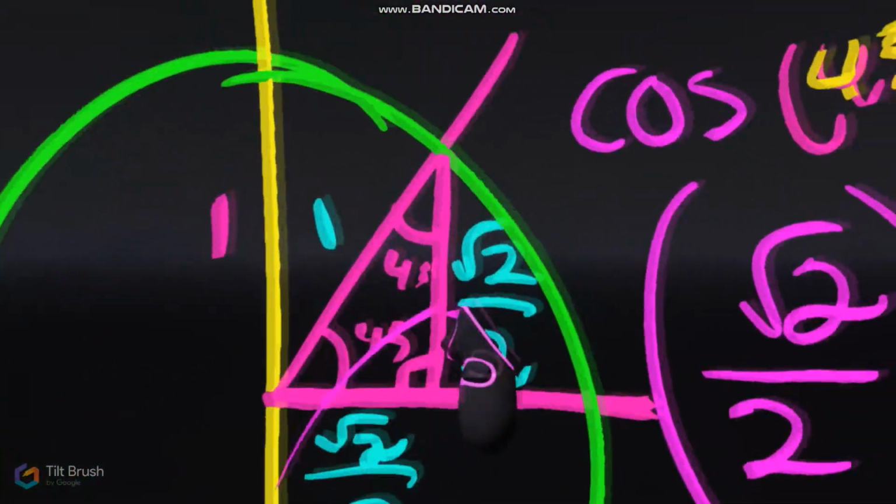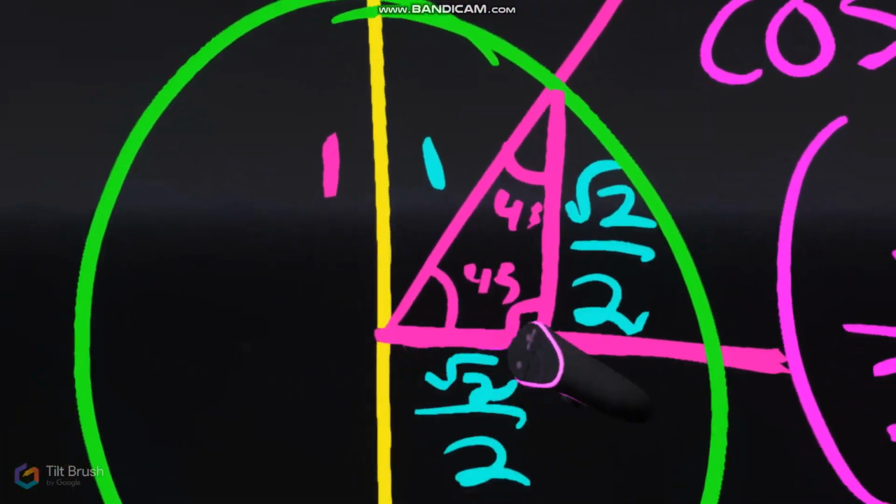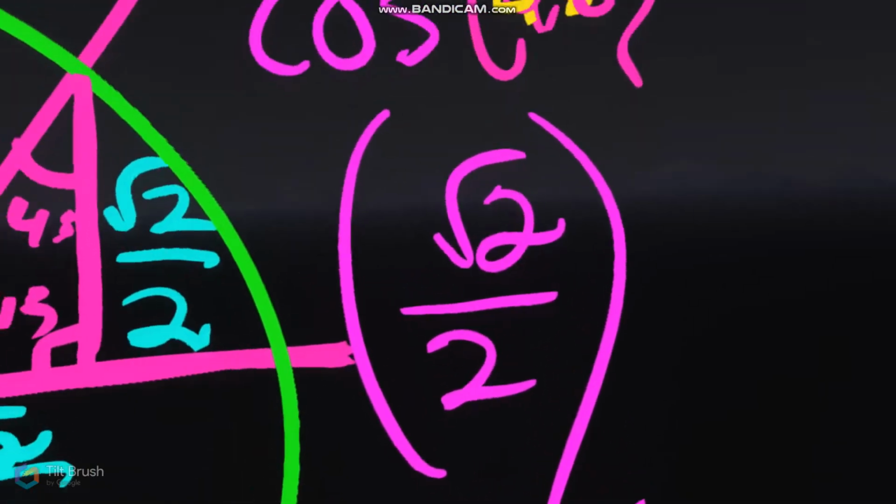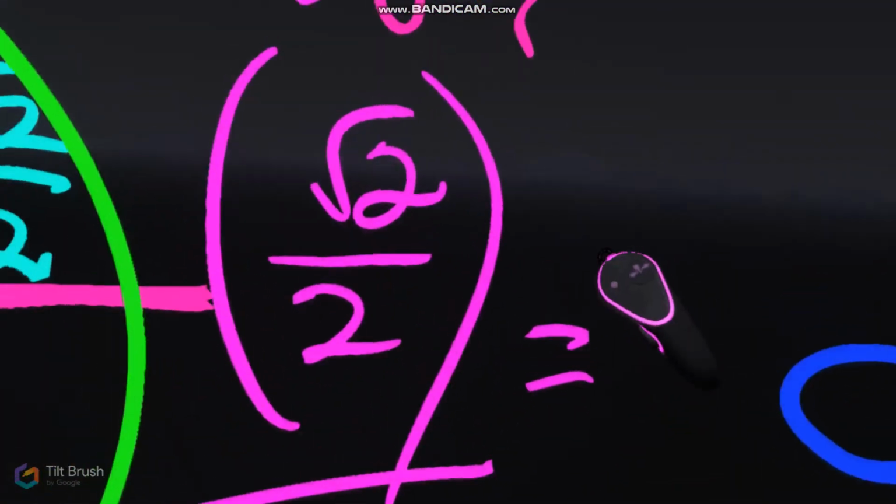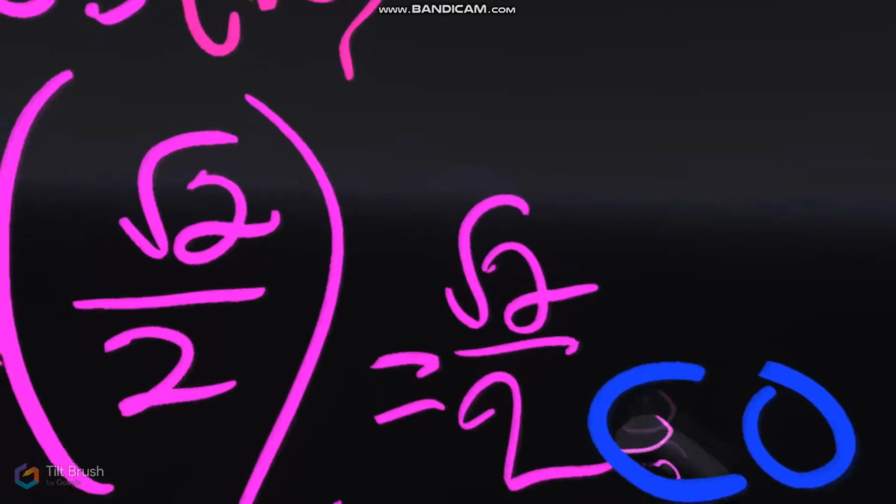I messed up, but it's still the same: adjacent over hypotenuse. So the identity element just means that it's again root 2 over 2.